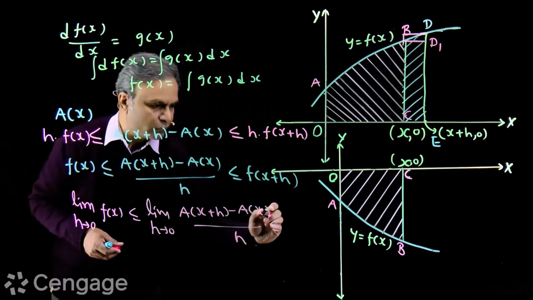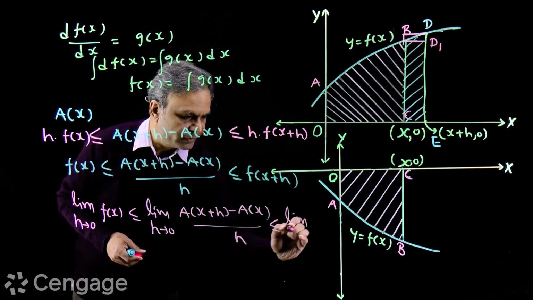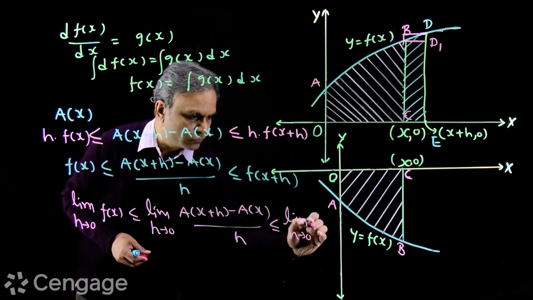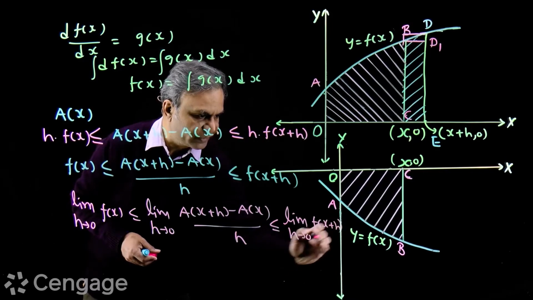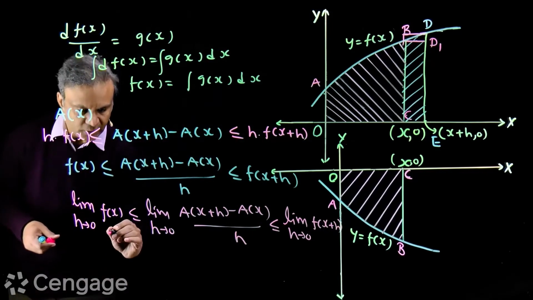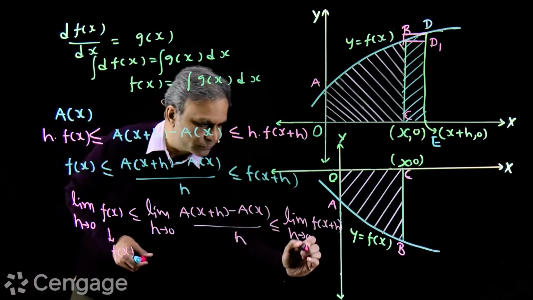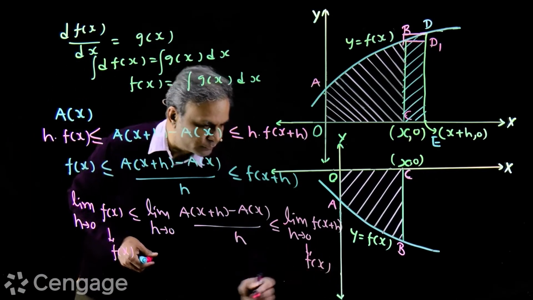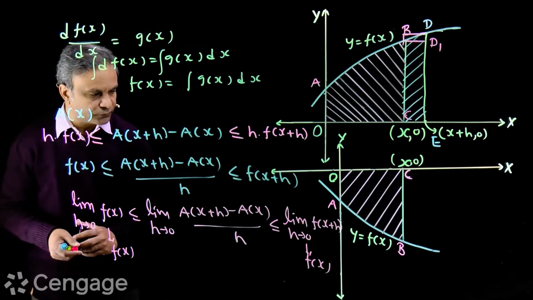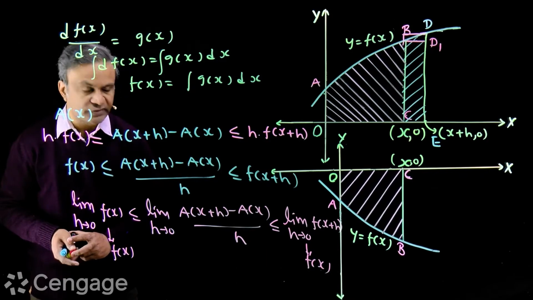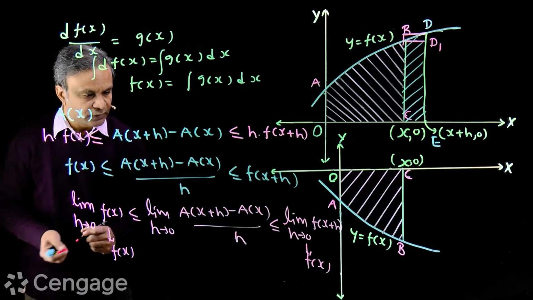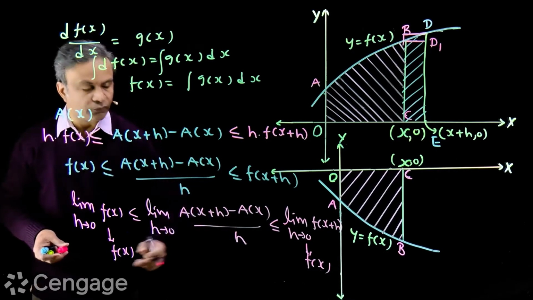This is less than or equal to limit h tends to 0 of f of x plus h. Okay. Now this is f of x. Okay. Also this is f of x. Okay. So from the sandwich rule, the sandwich theorem of limit, this limit is f of x.